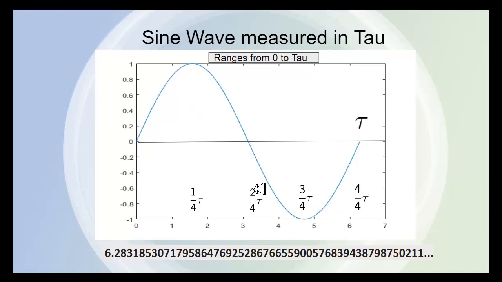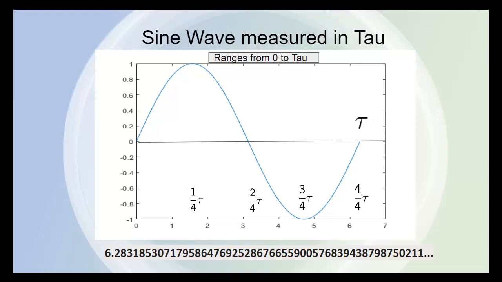So imagine a world where a quarter of the constant was a quarter of the cycle, and a half of the constant was a half of the cycle, and 3/4 of the constant was 3/4 of the cycle, and 1 complete cycle, of course, is 2 pi or tau.